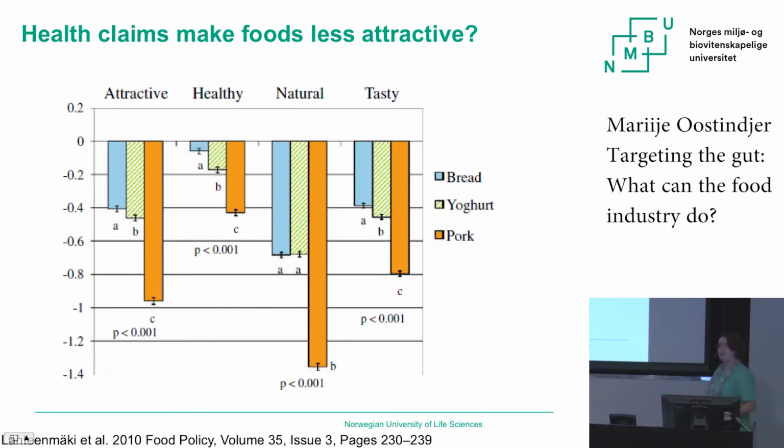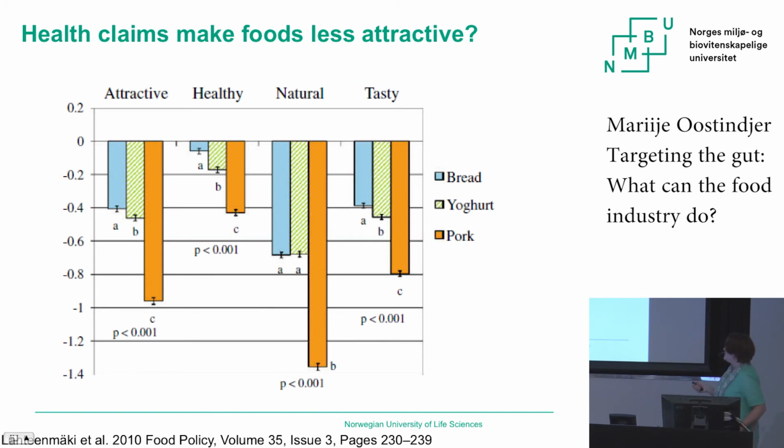And then finally, just a brief note about consumers actually buying the products. This is a study done in the four Scandinavian countries. What they did is they took general products and either put a health claim on it or had a control. And what you see here is the change in the response from when you put a health claim on it compared to when the same product doesn't have a health claim.